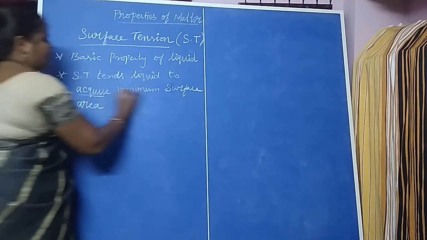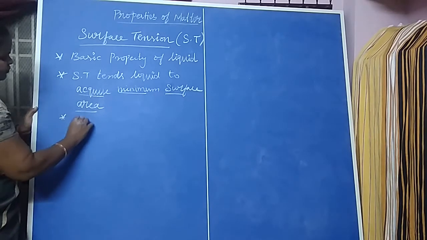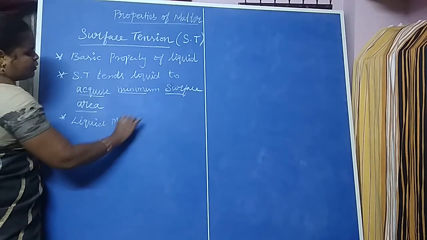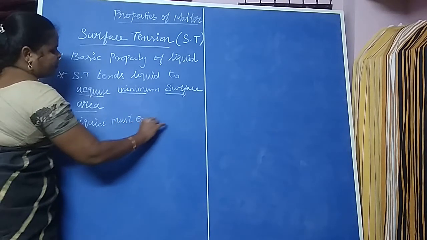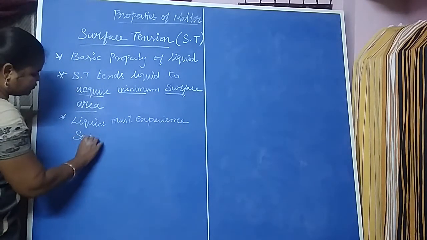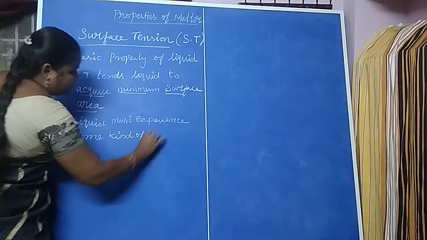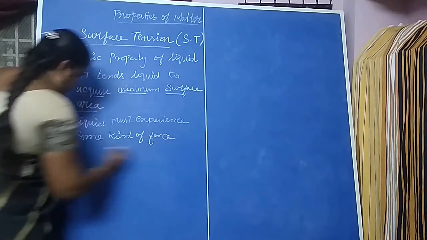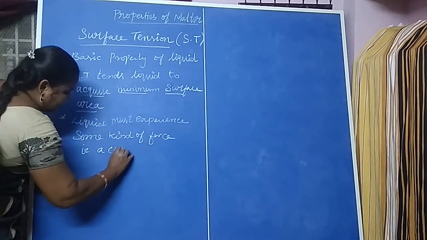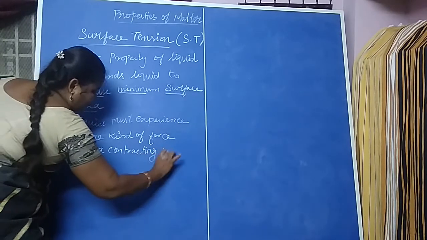In order to acquire a minimum surface area, a liquid must experience some kind of force. That is a contracting force.